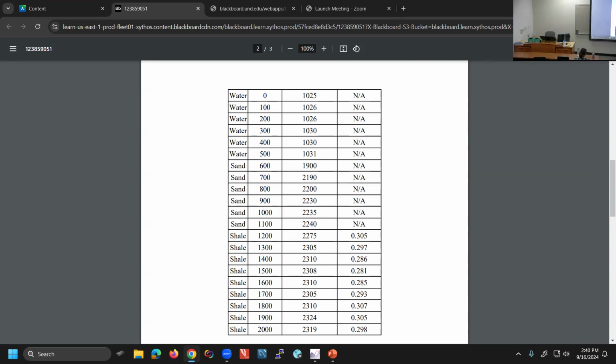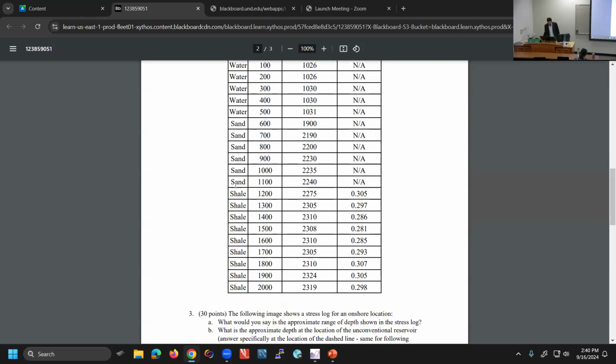And then you still do not have shale porosity because sand is not shale. Okay, and then we go deeper. We're going to talk about it in class and probably it's going to make things clearer. You hit shale at 1,200, and there you have porosity. So you have porosity data after 1200.